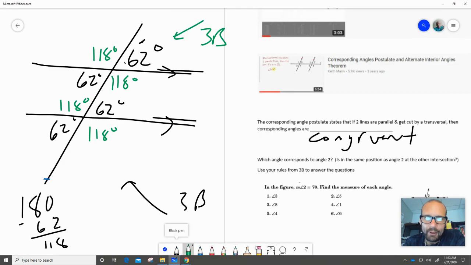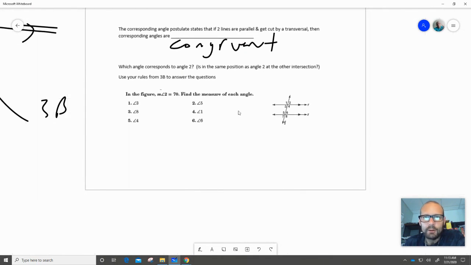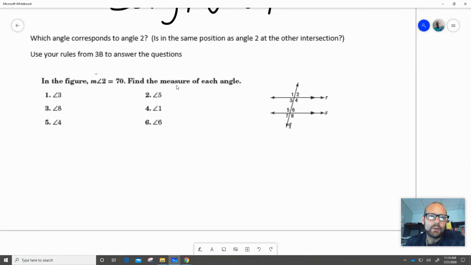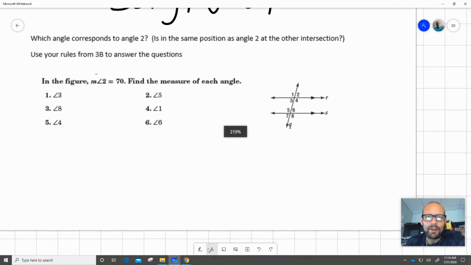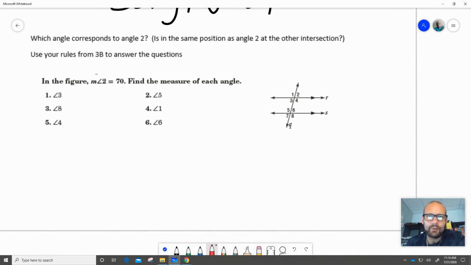So now let's look at right here. So if angle 2 is 70 degrees, find the measure of each angle. So let's look at here. So angle 2 is 70 degrees, all right? So I'm going to just sort of draw this over here on the bottom because I don't have a ton of space to draw up here, okay?